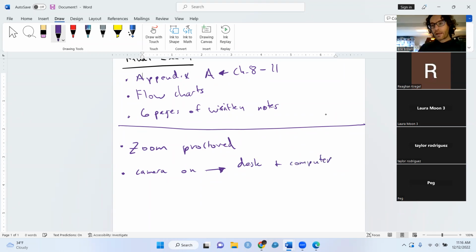That's what we had to do in science. You literally take your laptop and scan the area where you are. Because I'm Zoom proctoring, the goal is to set up the camera so that while you're working, I can see what's on the computer and on your desk.